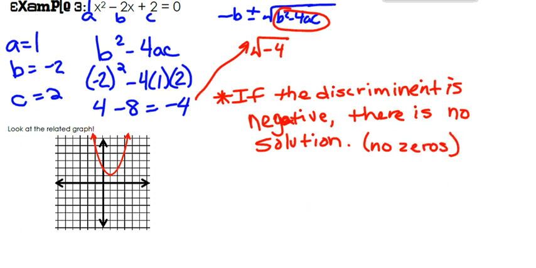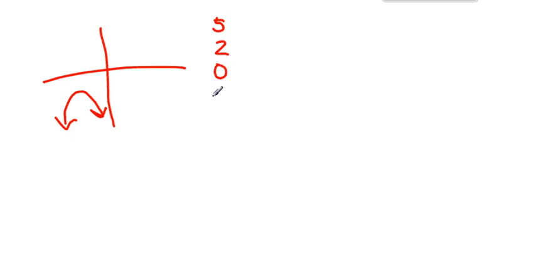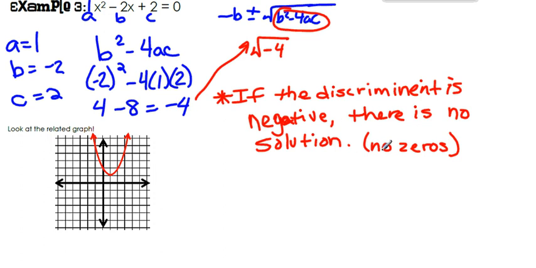So you're going to see some questions come up where they're going to give you a graph. Let's say your graph looks like this. And they're going to say, what are some possible discriminants? And they might list something like 5, 2, 0, -3, and -7. Well, you can tell right here that I have no zeros. So if I think about no zeros, that means my discriminant has to be negative.